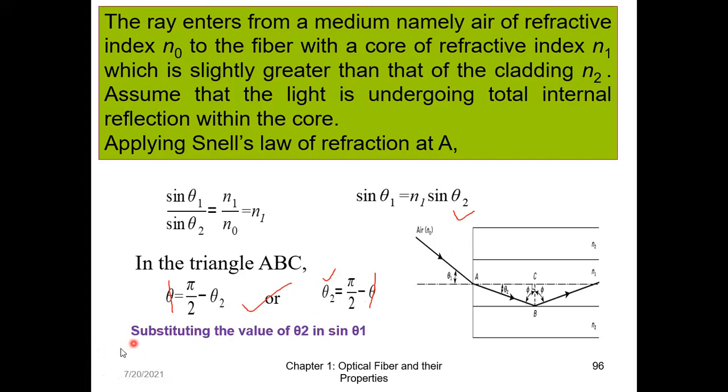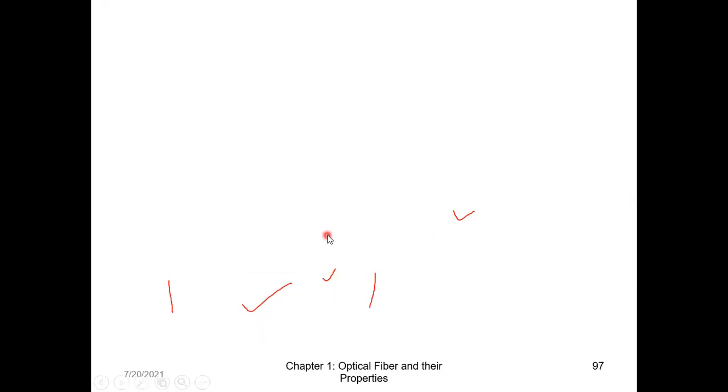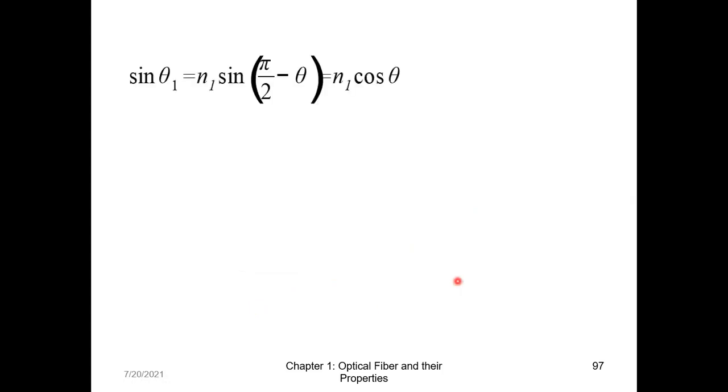So now substitute the value of theta 2 in this equation, sine theta 1. All of you do it. So I have sine theta 1 is equal to N1 sine of pi by 2 minus phi, and you know sine of pi by 2 minus phi is equal to cos phi, so N1 cos phi.